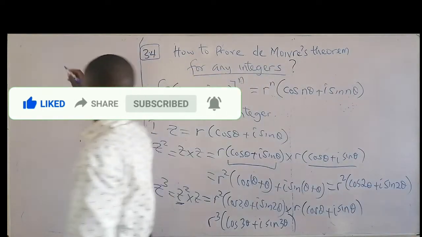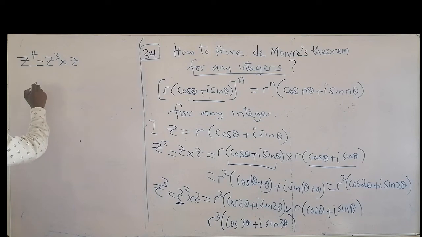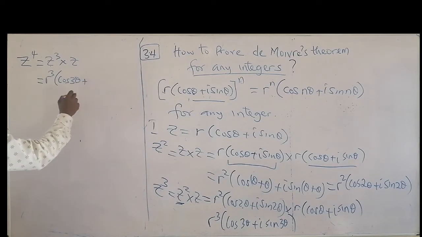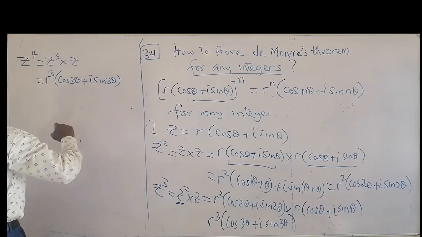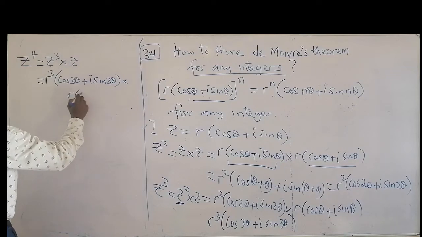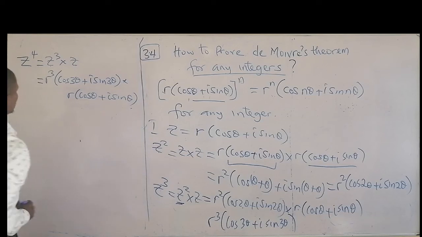We can also do z to the power 4, which is equal to z cubed times z. We have the value for z cubed, which is r cubed (cos 3 theta plus i sin 3 theta), and then times this one, which is r(cos theta plus i sin theta).